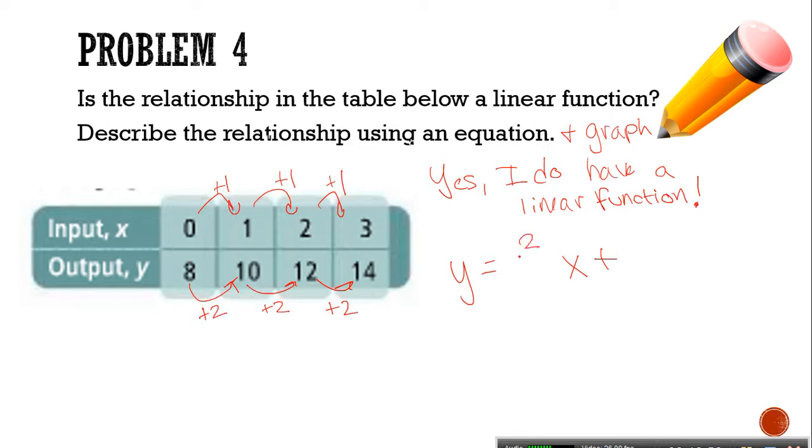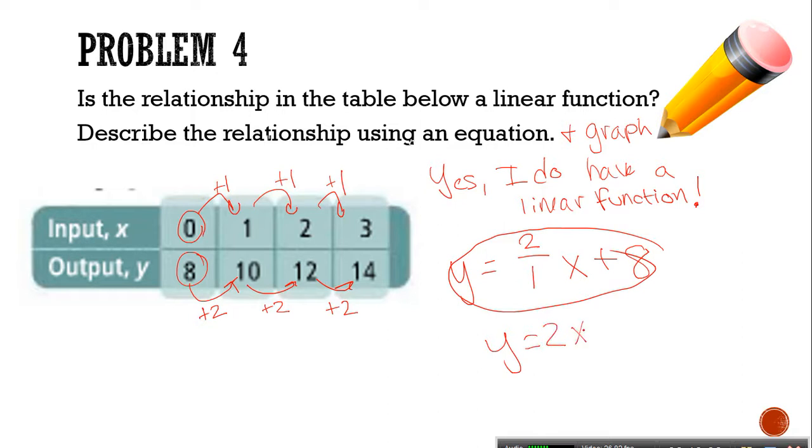So 2 over 1, and my b is whenever my x was 0, it's going to be my y value. So my x was 0, my y was 8. So if I simplify that, I can also write it as y equals 2x plus 8.